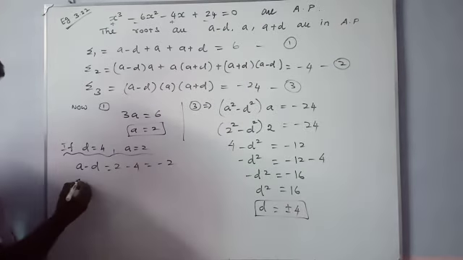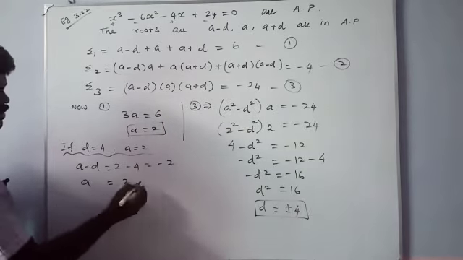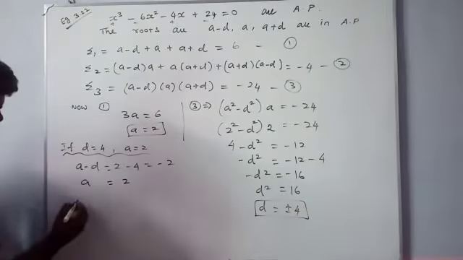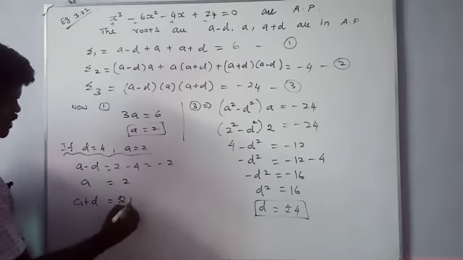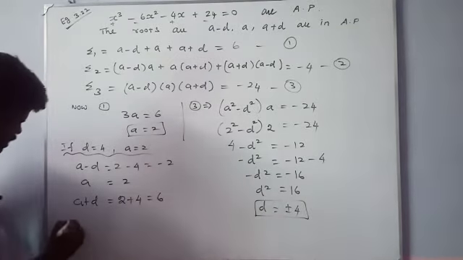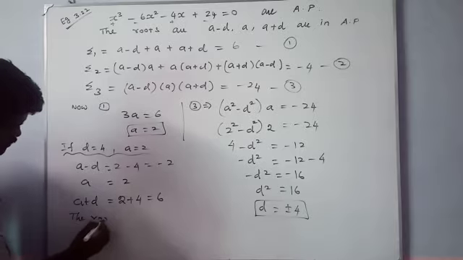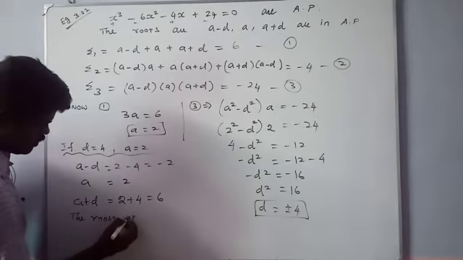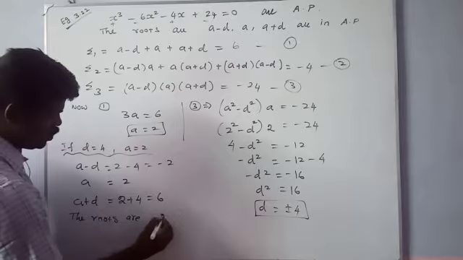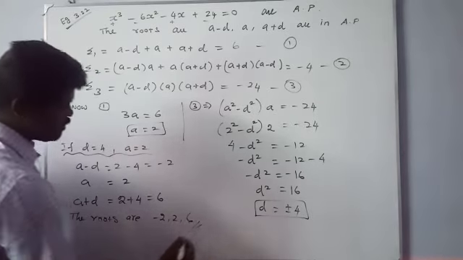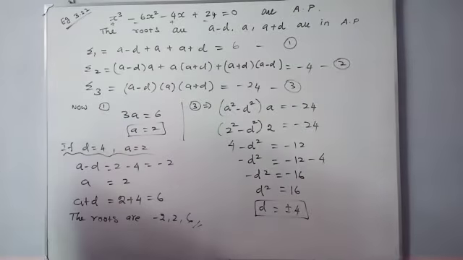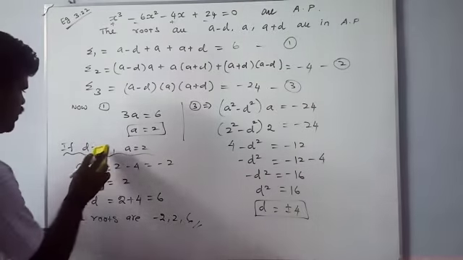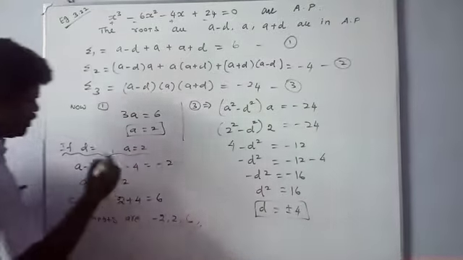And a is equal to 2, and a plus d is 2 plus 4, which is equal to 6. The roots are minus 2, 2, 6. This is the one set of roots. And one more value: if d is equal to minus 4.